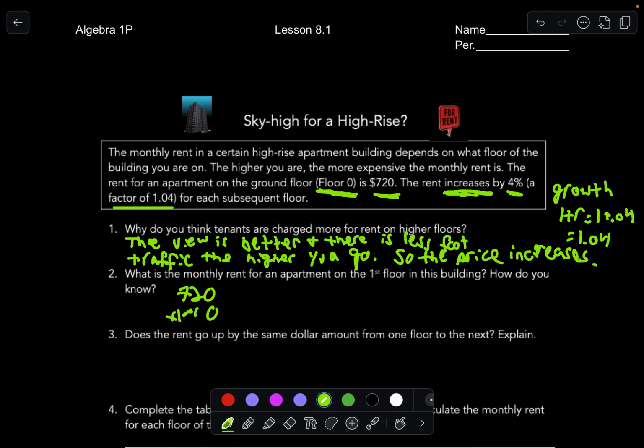And you're going to add to it, I'm sorry, we're going to add to it 0.04. Notice 0.04 is 4% of the 720.